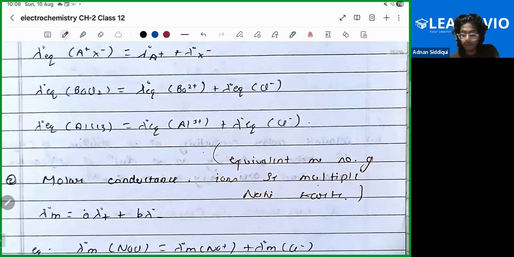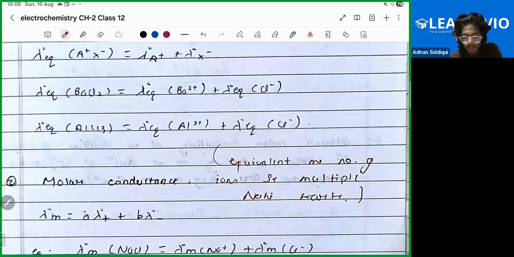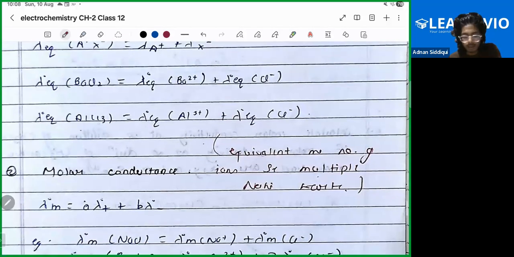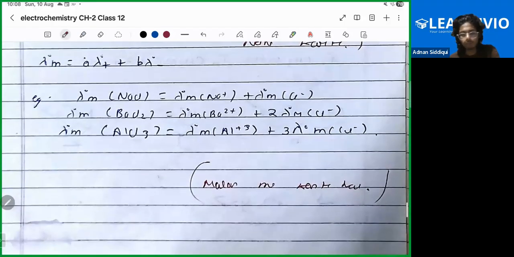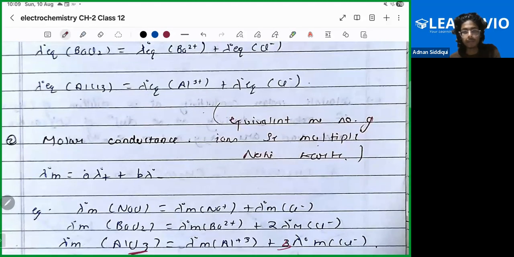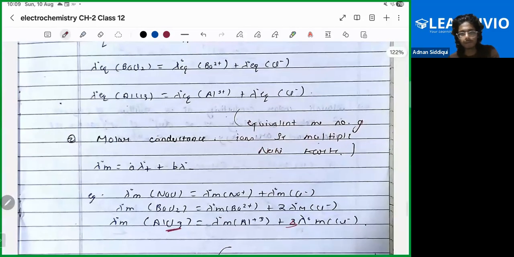See here, ideally you should have used 3 here, because 3 chlorines are present. But for equivalent, you avoid multiplying by the number of ions. If you are talking about molar, then you use the normal approach: if you have 3Cl here, you use the 3 term. But if you are using equivalent, you have to avoid the 3. That's the only difference.